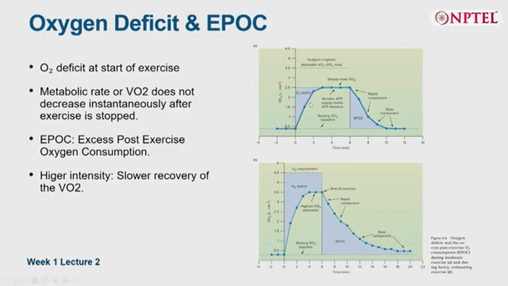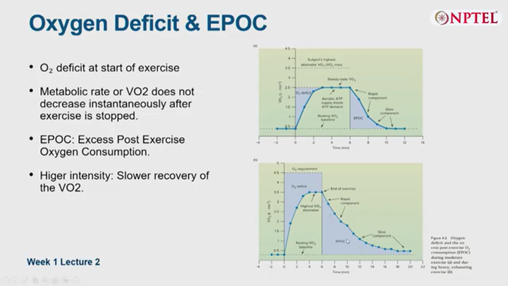That is the effect of training. The kinetic change of oxygen uptake does occur. So this is the oxygen deficit, and this is the excess post oxygen consumption or EPOC. Oxygen deficit would be higher if the intensity is higher.